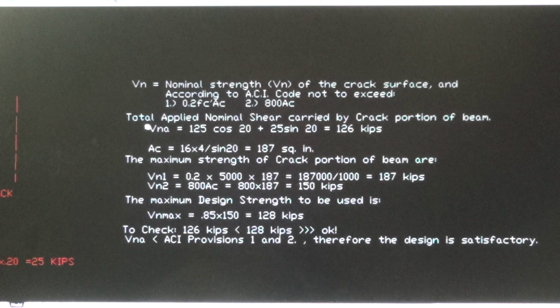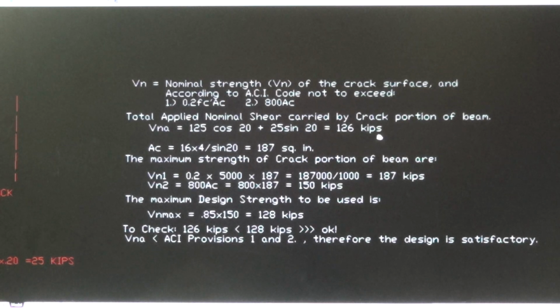So the applied shear load VNA is equal to 125 cosine 20 degrees plus 25 sine 20 degrees, which is equal to 126 kips. That is the applied shear load on the surface of the crack portion of the beam.